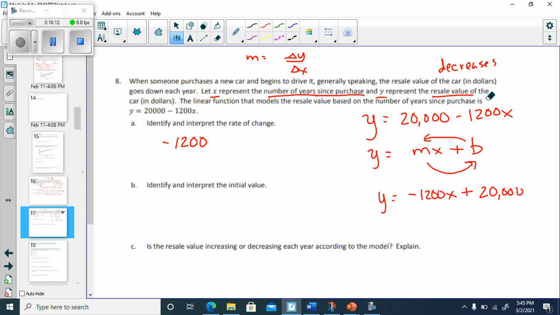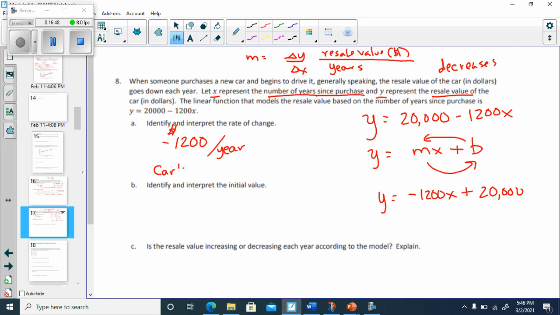Our y is the resale value in dollars, right? And what does it say our x is? Our x is years since purchase. So what we're doing is we're going down what? $1,200 on resale value, what? Every year. Isn't that what this tells me?